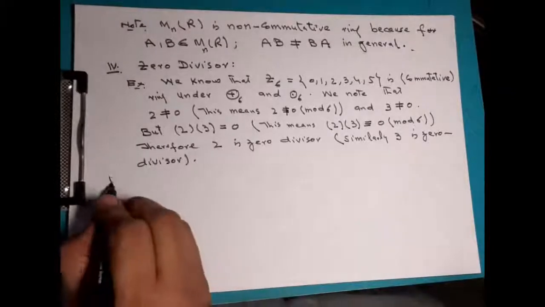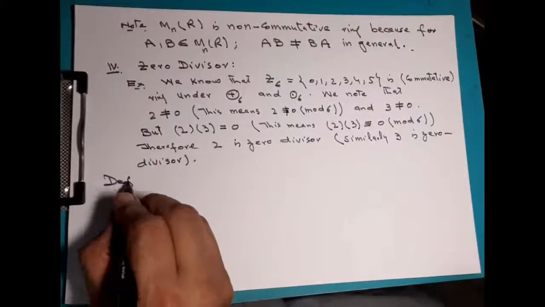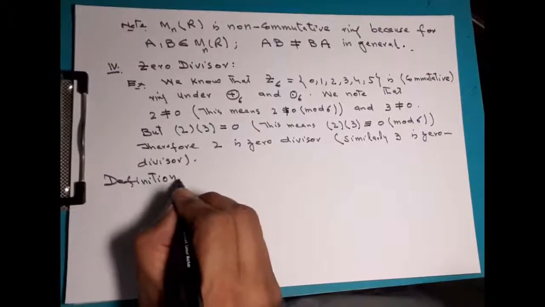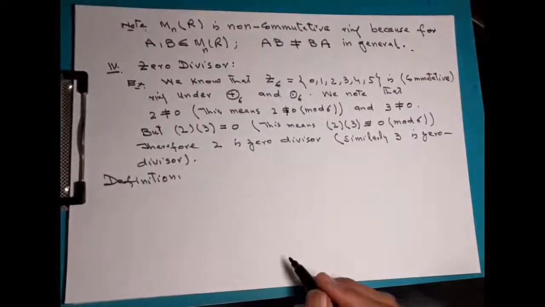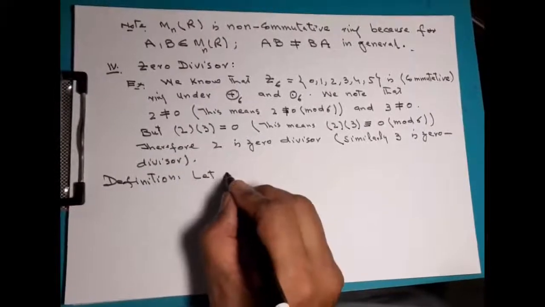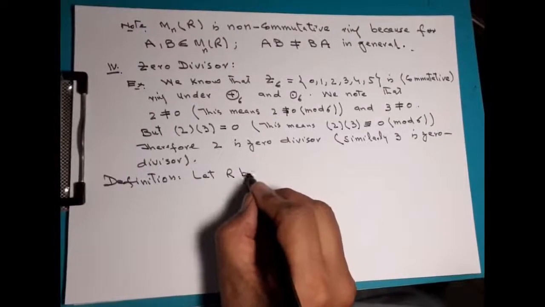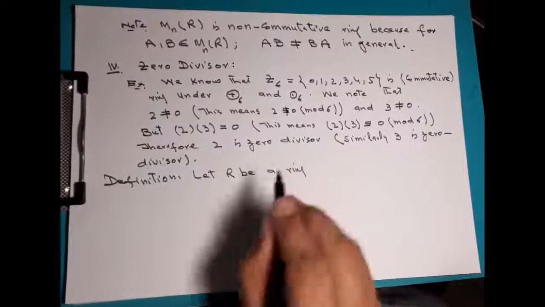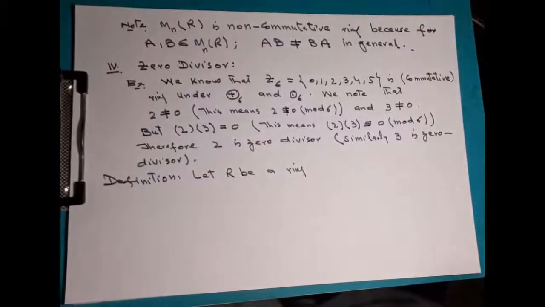So let's come to the formal definition. The definition goes as follows. Let R be a ring, maybe with identity if you like.